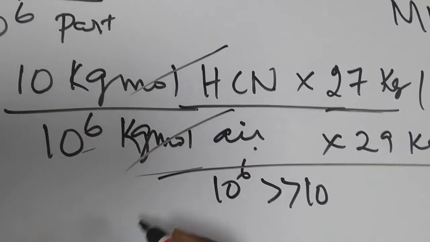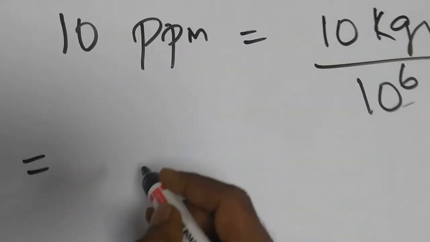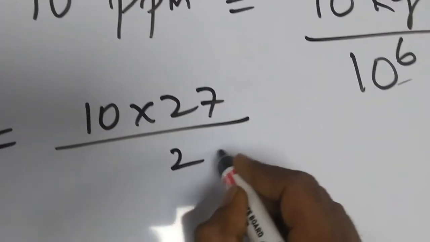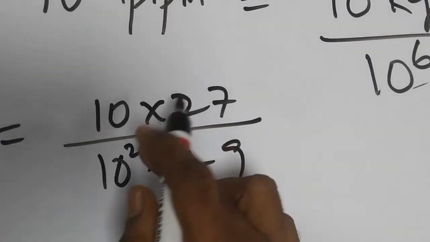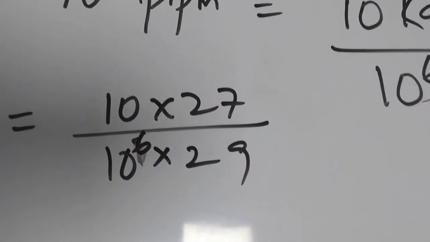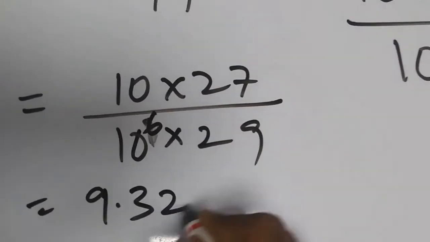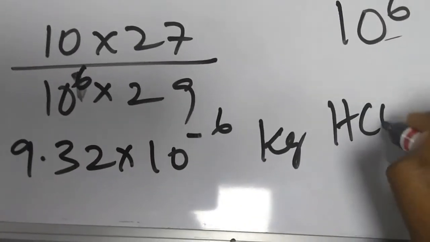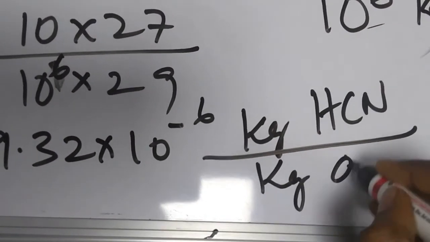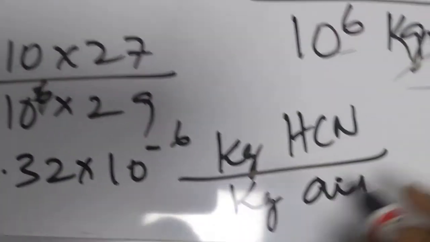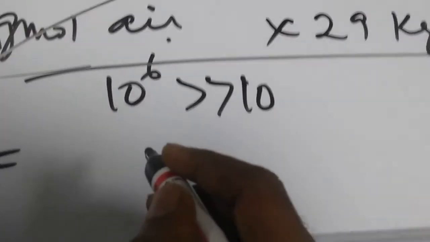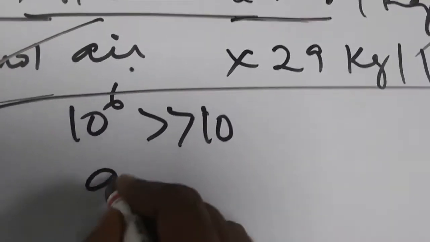So what we have is 10 into 27 divided by 29 into 10 power 6. Okay, so what we get is 9.32 into 10 power minus 6 kg of HCN by kg of air, or you can say in milligrams, how much it is? 9.32.